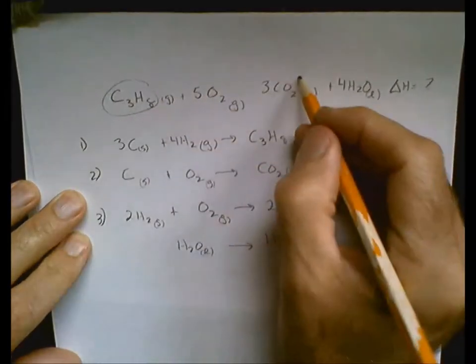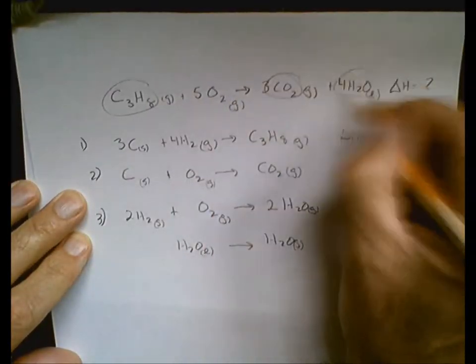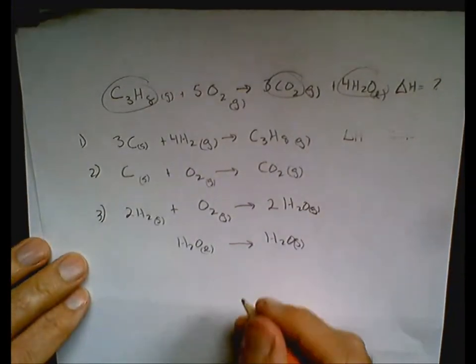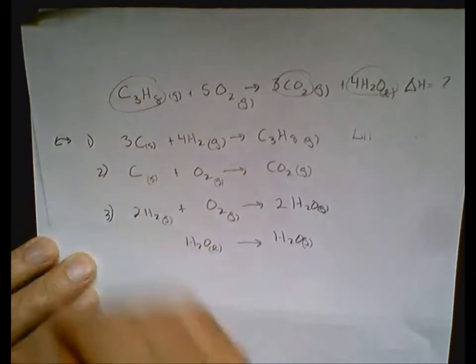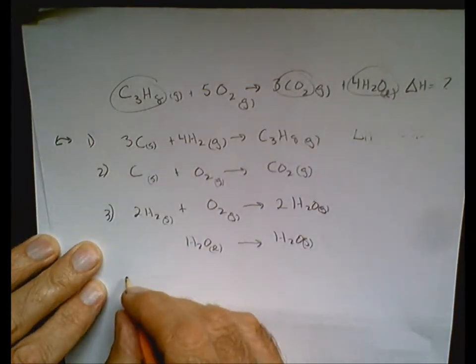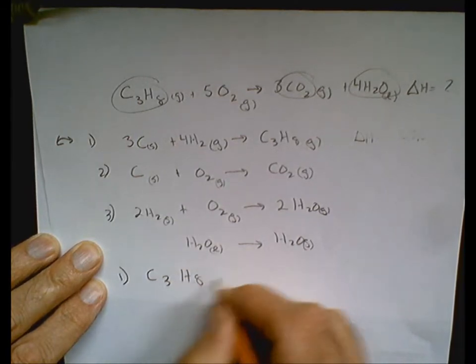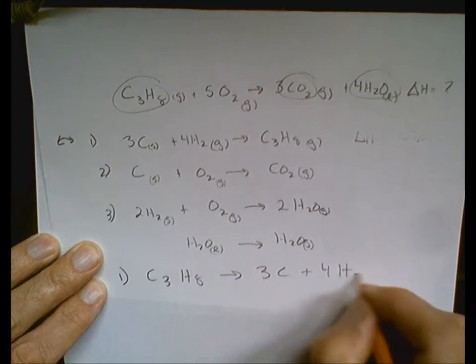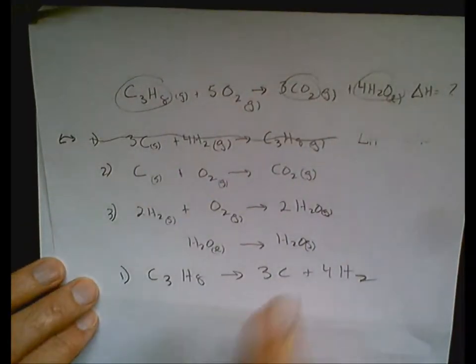I go through, I circle my molecules, and then I come down here and I try and get my molecules all in the right place. So I'm going to flip this one, and then I'm going to rewrite it down here. I'm going to have C3H8 gives 3C plus 4H2, and then I'm going to cross that out so I don't get confused.